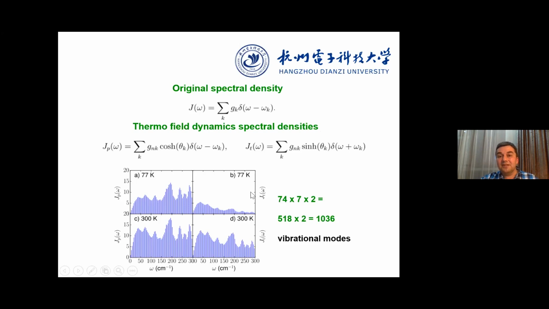And you see that at relatively small temperatures, the contribution of these additional tilded modes is relatively small because these hyperbolic sines are relatively small. But if you increase temperature, the contribution of these modes, which are indeed responsible for the temperature effect in your system, increases. And in the high temperature limit, of course, they will contribute on equal footing into the dynamics.